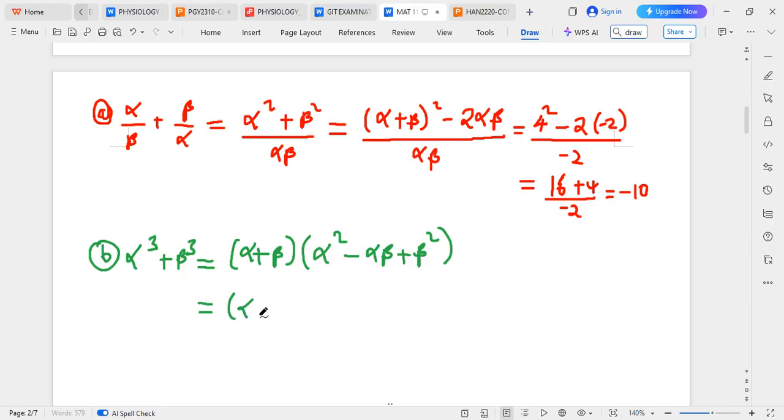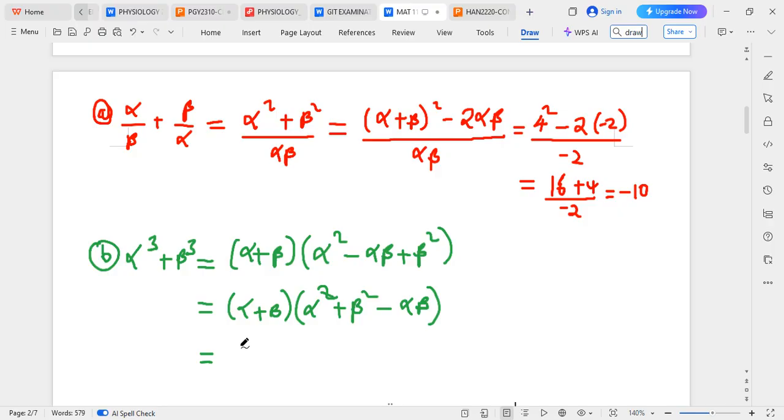Again, this will be alpha plus beta. I'm going to put the alpha plus beta in brackets together. The alpha squared, I'll put it together with the beta squared, and then I'll write minus the alpha beta alone. Like that.